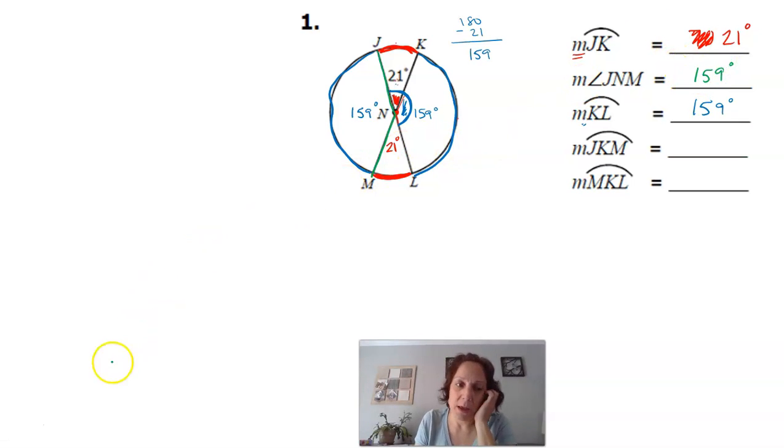Okay. The measure of this is an arc, JKM. So arc J, go through K, so here, and then all the way around to M. Oh boy. All the way around to M. Okay, I'm going to get my highlighter out for this.